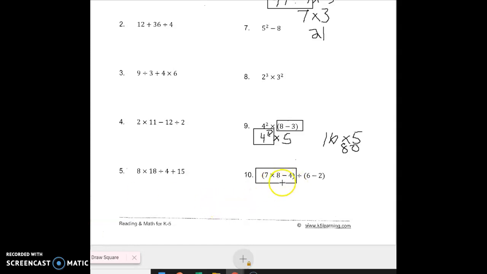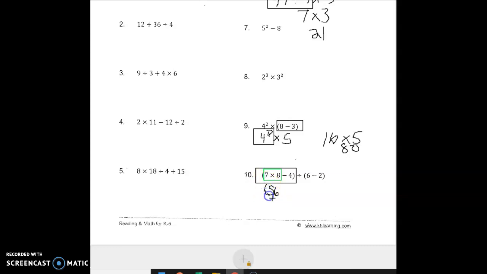So now that I have more than one thing in there, I got to kind of start over. Do I have any exponents in there? No. Do I have multiplication or division? I do. Within that parentheses, I have multiplication, so I need to do my 7 times my 8, which is going to give you 56.